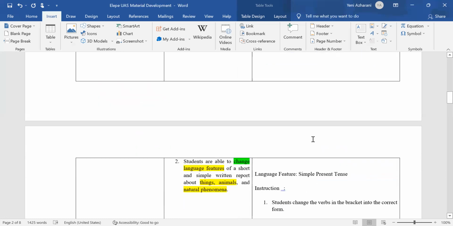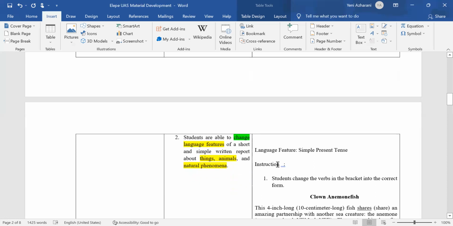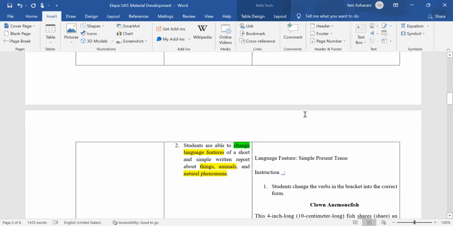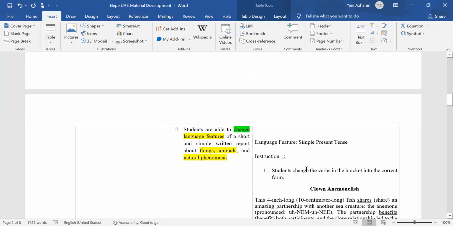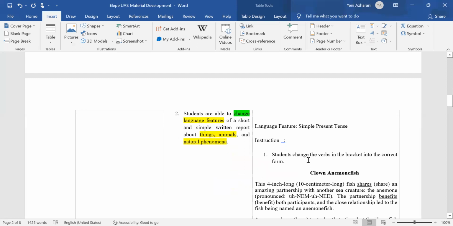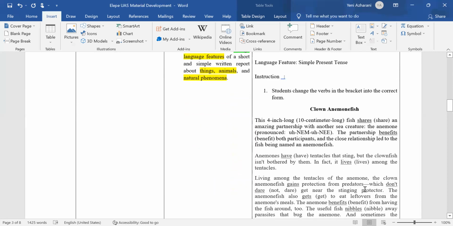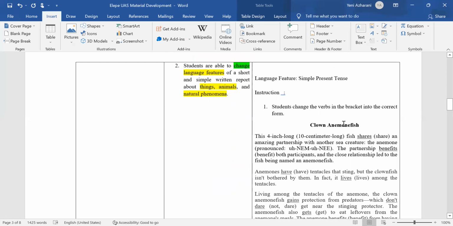Next, we move on to the second learning outcome. Students are able to change language features of a short and simple written report about things, animals, and natural phenomena. Because previously they gave their opinion regarding the simple present and simple past, this time they're going to change the basic verbs in the brackets into the correct form of the verb.